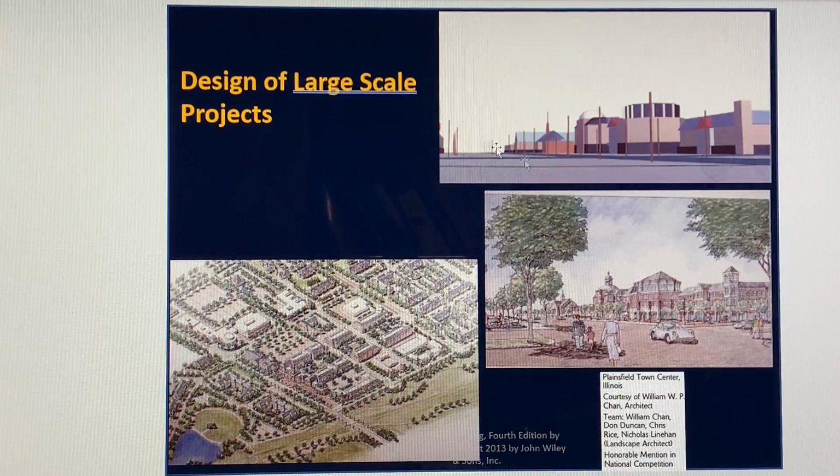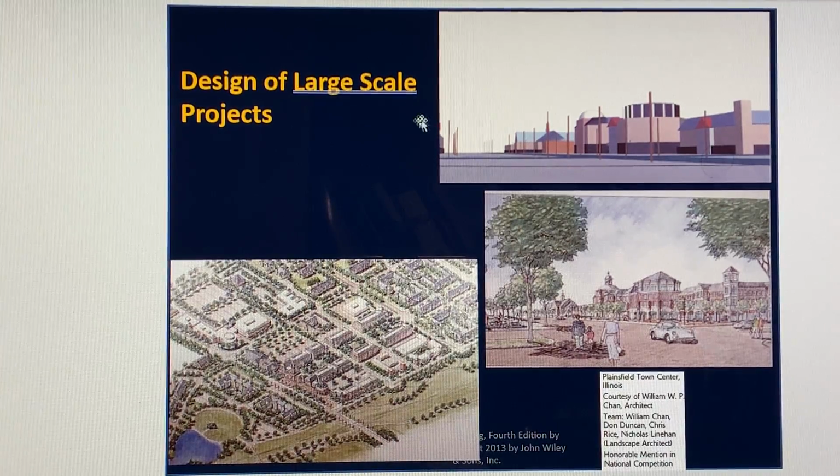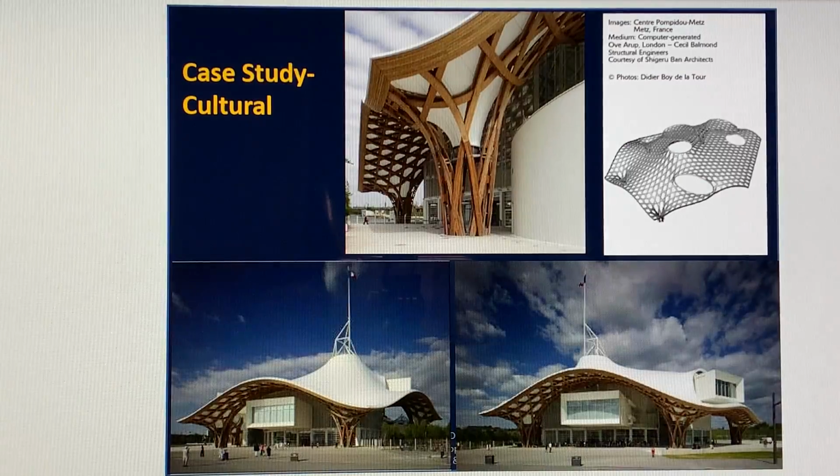For example, this one is designed for large scale. When you say large scale, that means maybe a mall or urban design, a whole city with many buildings, many public parks, many streets, freeways, something like this around the area. You call that large scale.